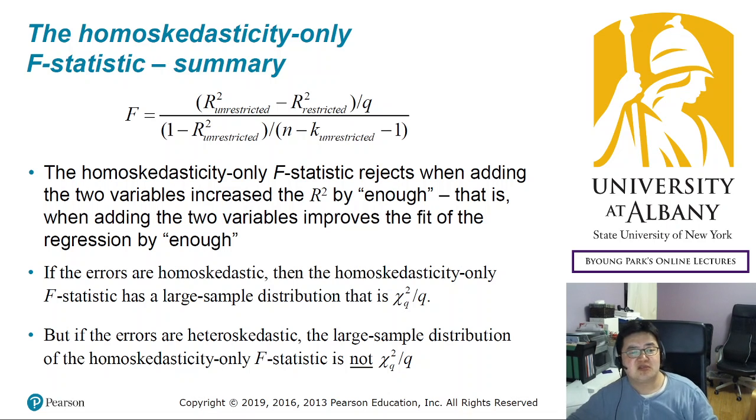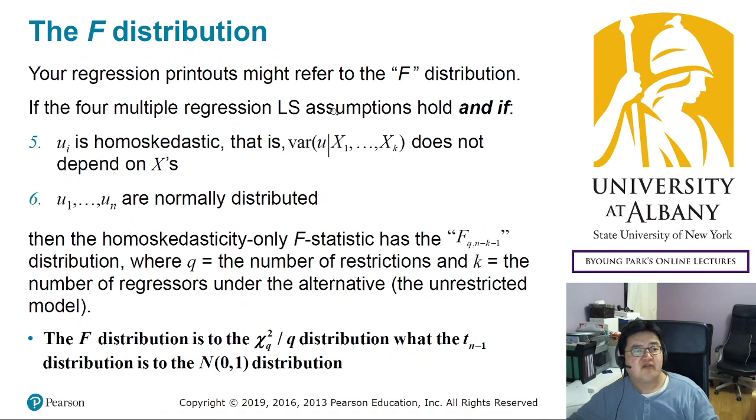Today we are going to discuss some minor issues about the F statistic. The first thing I need to mention is the F distribution. Earlier, I said that the F statistic is approximately chi-square distributed, which is true, but when I was a student, most textbooks said that the F statistic follows an F distribution.